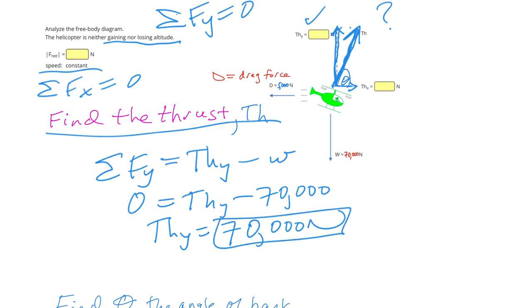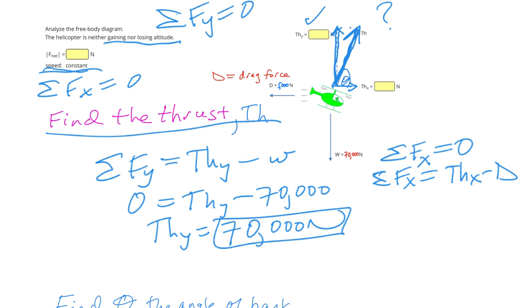I can do the same thing with the x components. Sum of x components equals 0 because it's going constant speed. So the sum of Fx is equal to the x component of the thrust minus the drag.